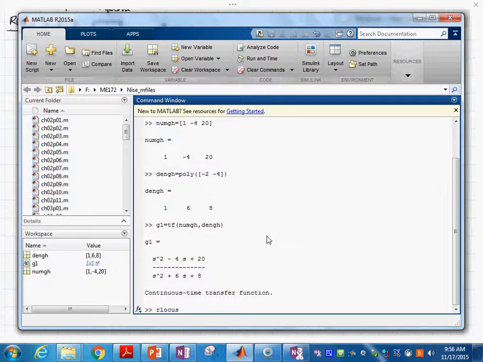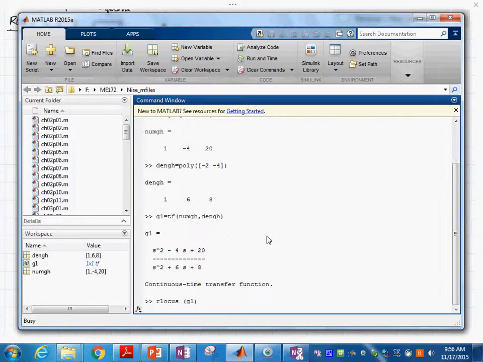Given this transfer function, we are going to change the value of k from 0 to infinity. So the root locus is going to be of this transfer function, right?